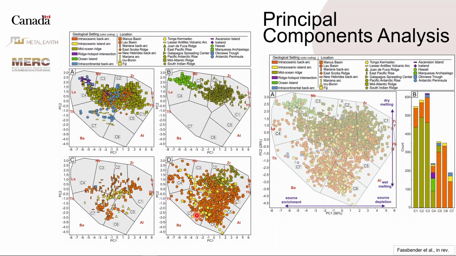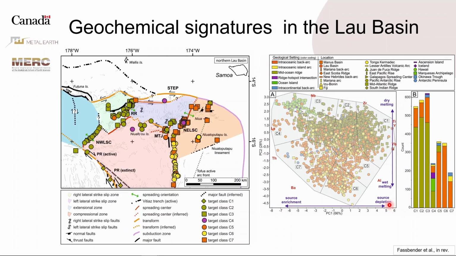So in summary, what we see here is that PC1 and PC2 very much reflect dry melting versus wet melting for PC2, and for PC1, source enrichment. So from enriched mantle sources, OIB-like sources, towards depleted mantle sources like depleted mid-ocean ridge-like samples.